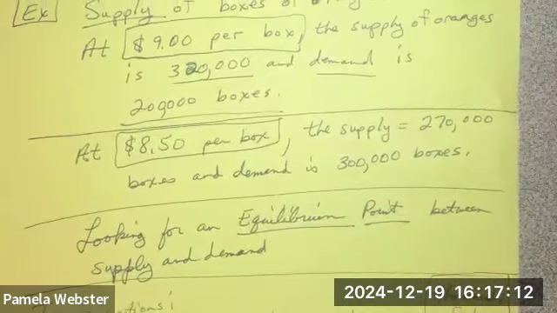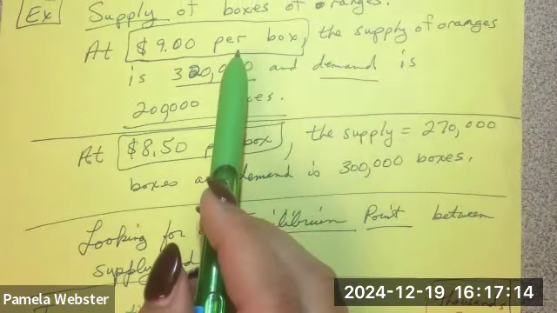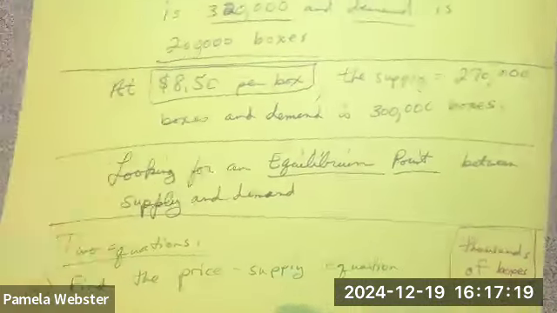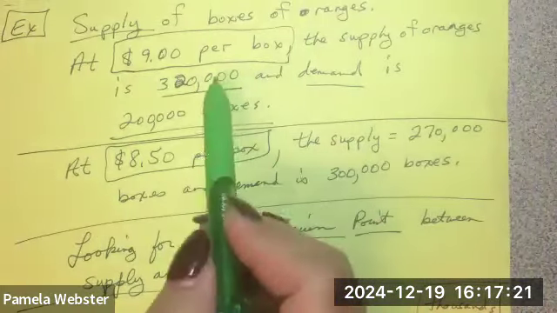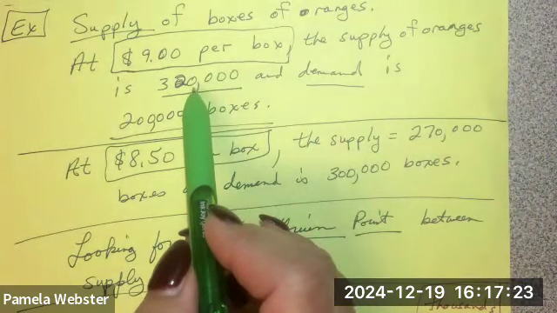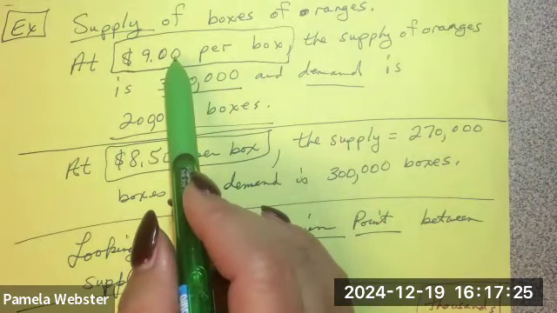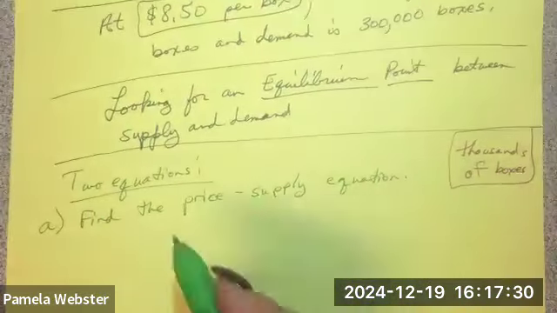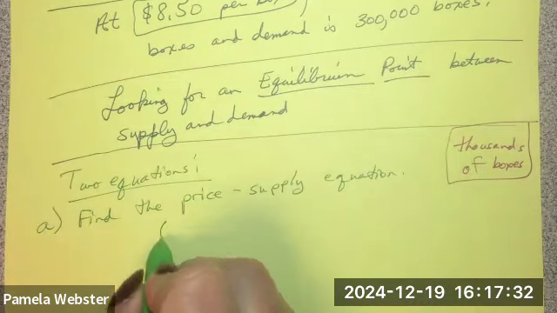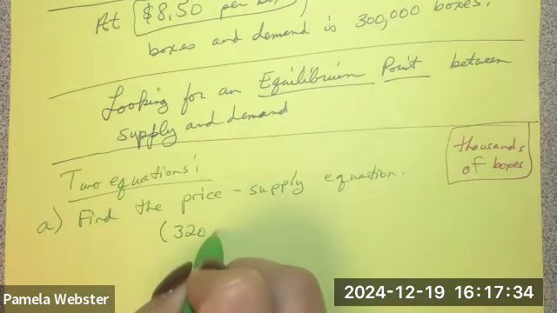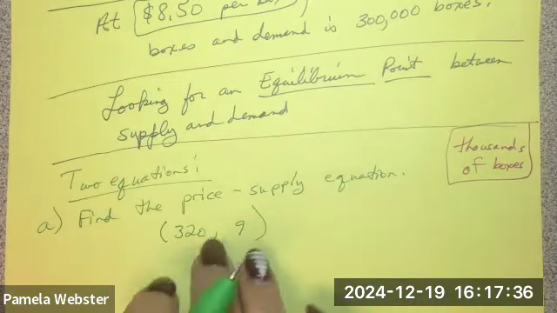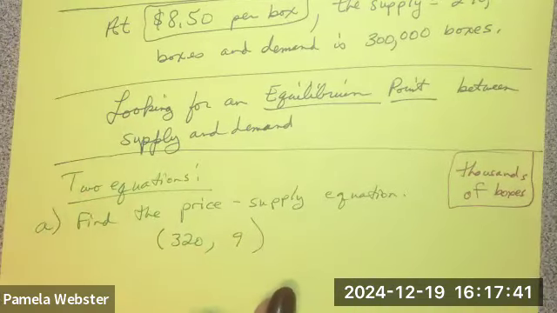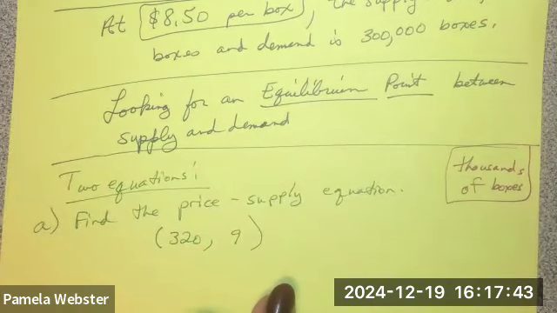I'm looking at supply, right? So I know that whenever I had 320,000 boxes to sell, the price that went with that was $9 a box. So the independent thing here is I'm giving out 320 and the dependent is $9. If you're willing to give me 320, I get $9 for that.